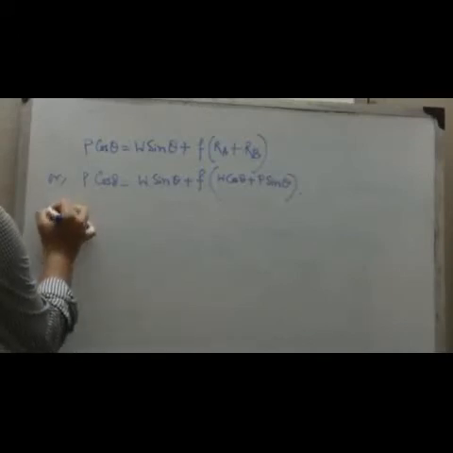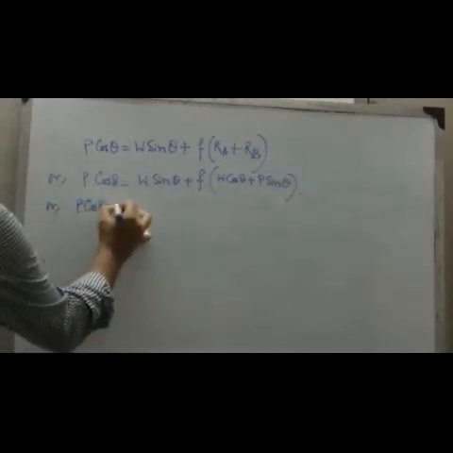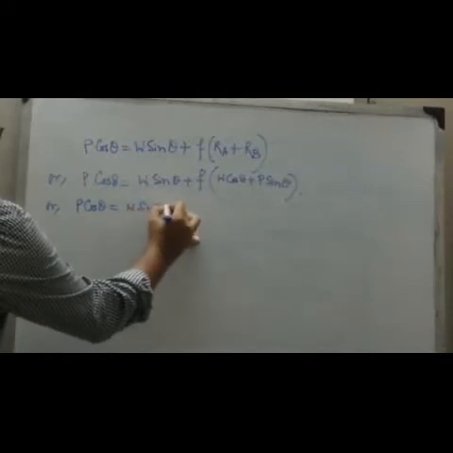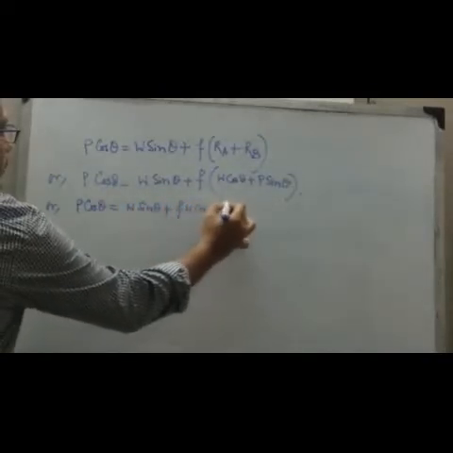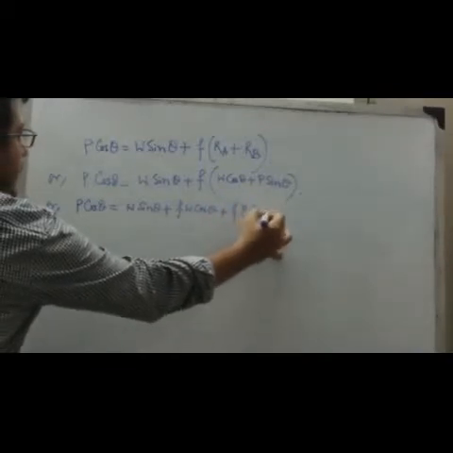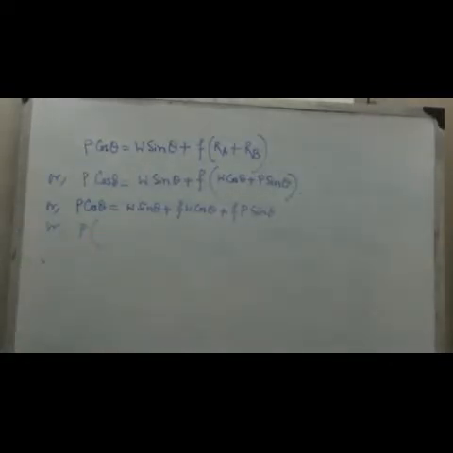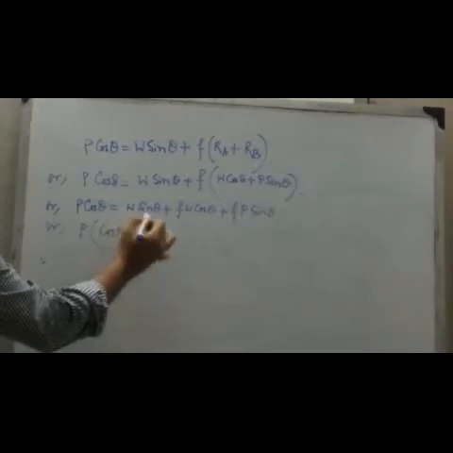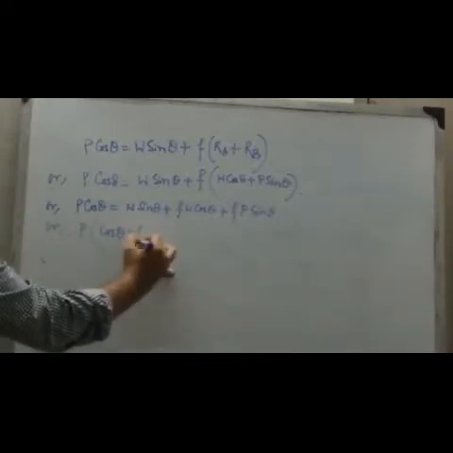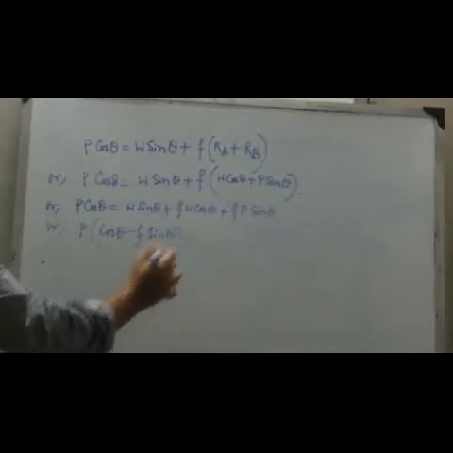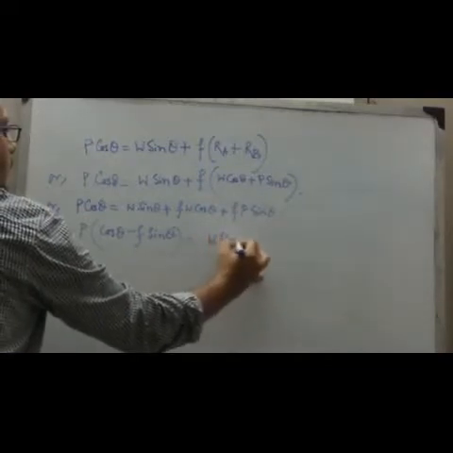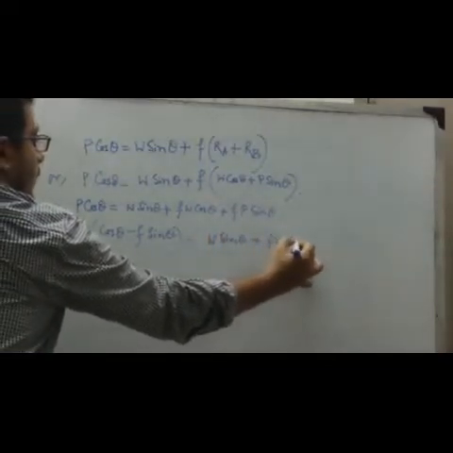Now we will rearrange this equation, that is W sin theta plus F W cos theta plus F P sin theta, or we can write down P cos theta minus F sin theta, and that is equal to W sin theta plus F W cos theta.